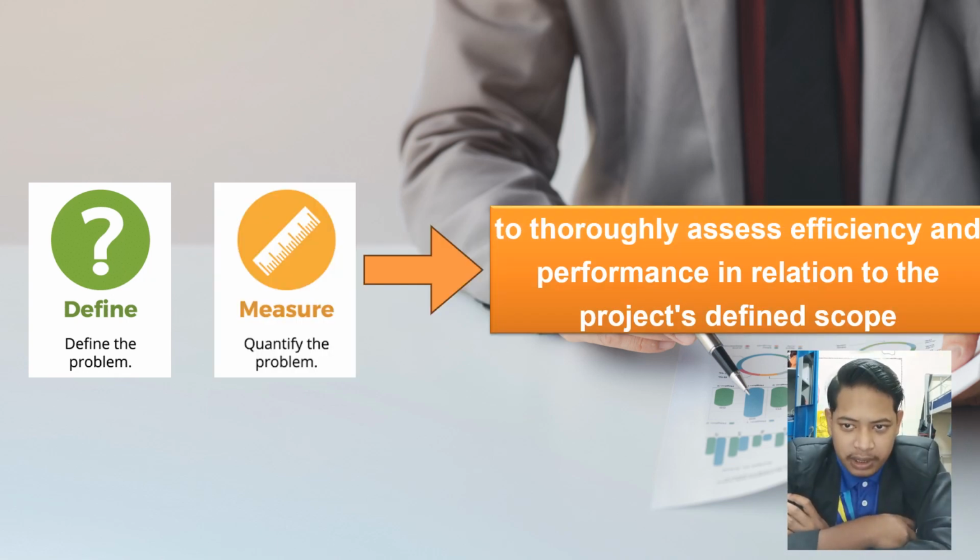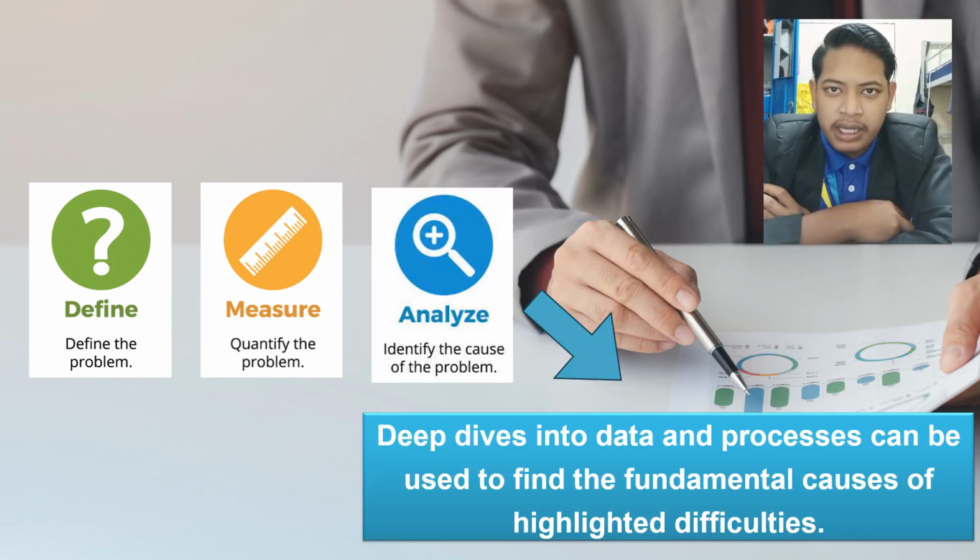We use measure to quantify the problem. By using measure, we can assess the efficiency and performance in relation to the project's defined scope. When we measure the data, we can analyze to identify the cause of the problem.